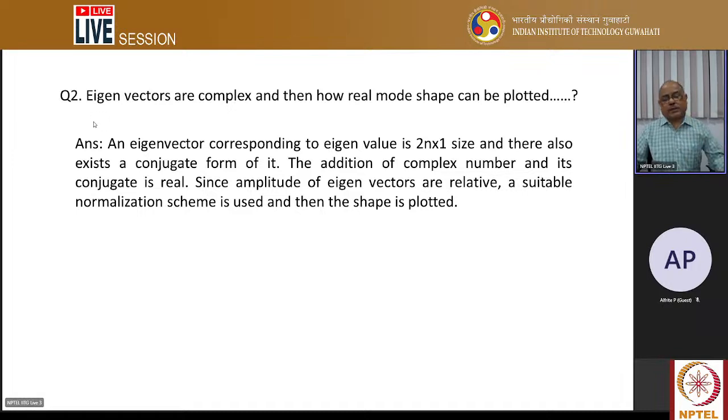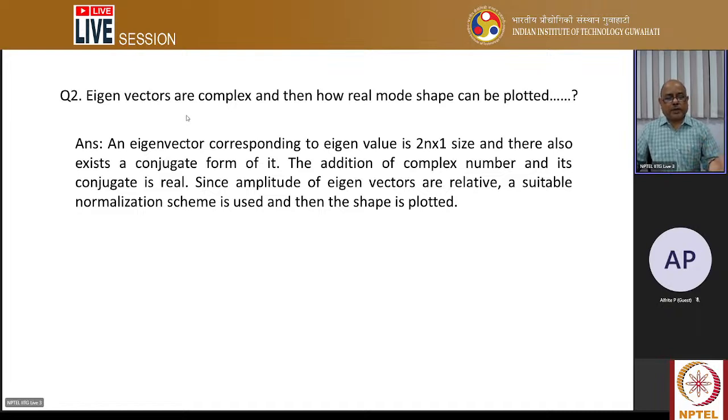Then the second question was on the same state space method: why are the eigenvectors complex? Eigenvectors are coming complex because the A matrix that we are finding is unsymmetrical. So not all eigenvalues are real.